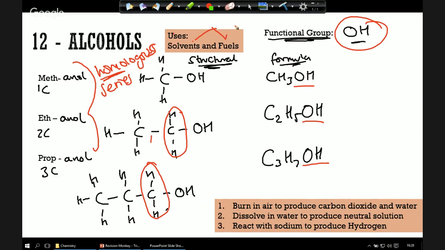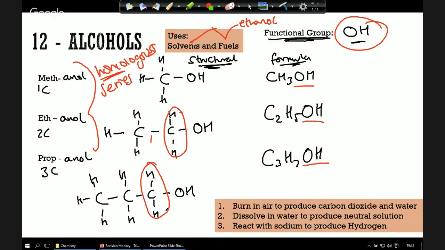Don't forget, as fuels, you've got things like ethanol, which is used as a biofuel in cars. You would have seen that in C1 as well. And also as solvents, if you try and wash things off with water and water is just not cutting it, then you can use an alcohol cleaner, which acts as a solvent, so it dissolves all the dirt, and it can be used as a really good cleaner.